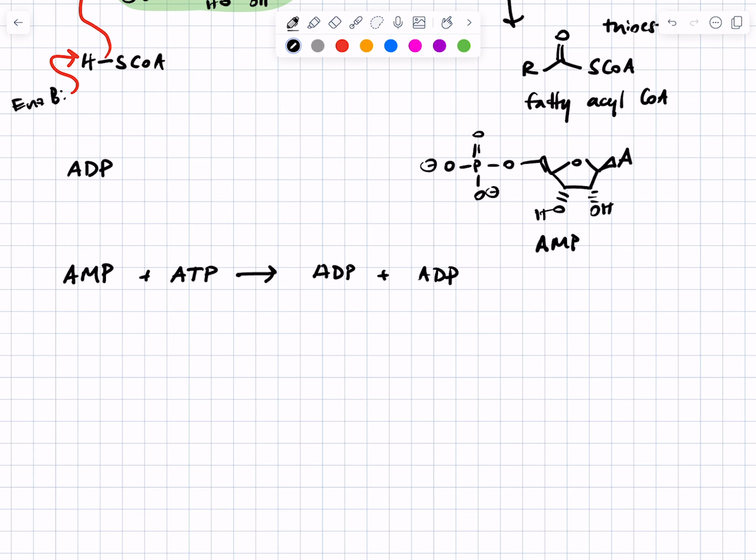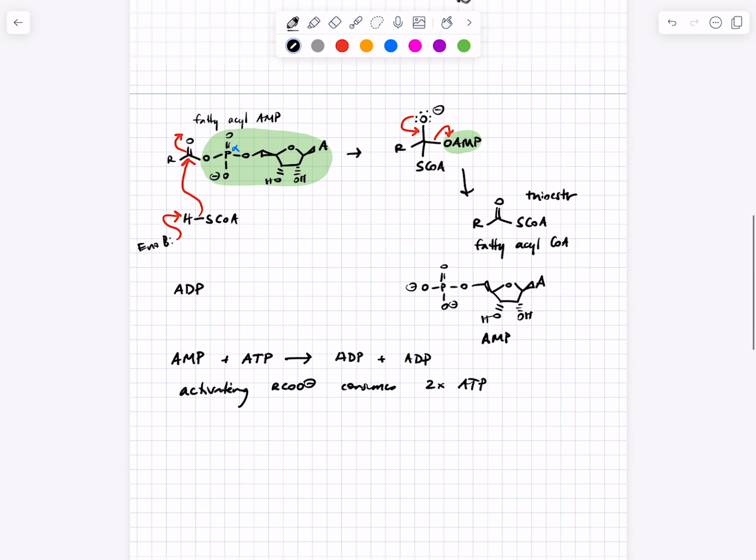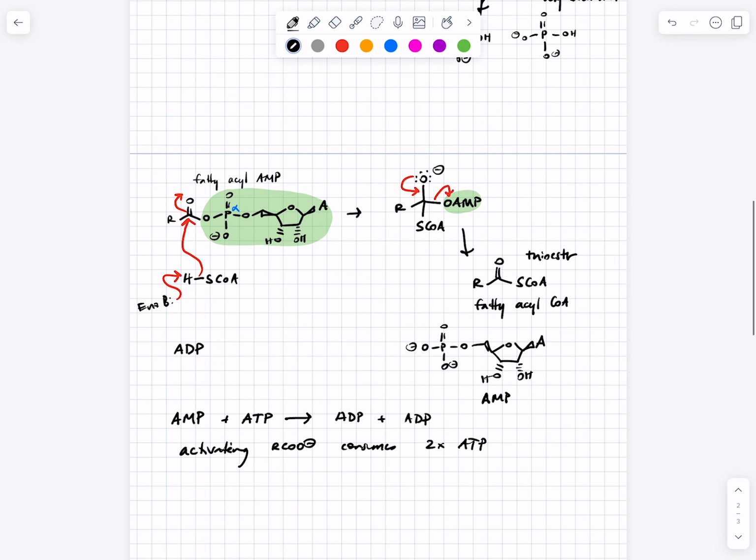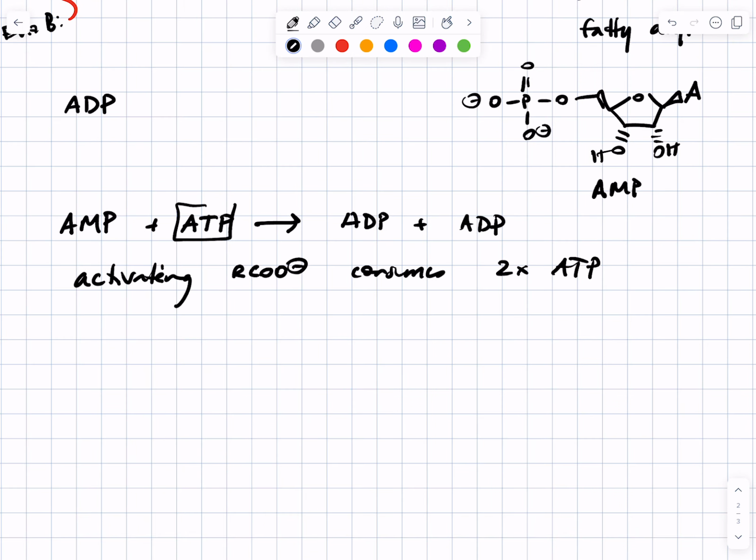So really this metabolic mechanism, activating the fatty acid carboxylate, consumes basically two ATP molecules. The first one is here, and then the second one is here, generating two equivalents of ADP, right?